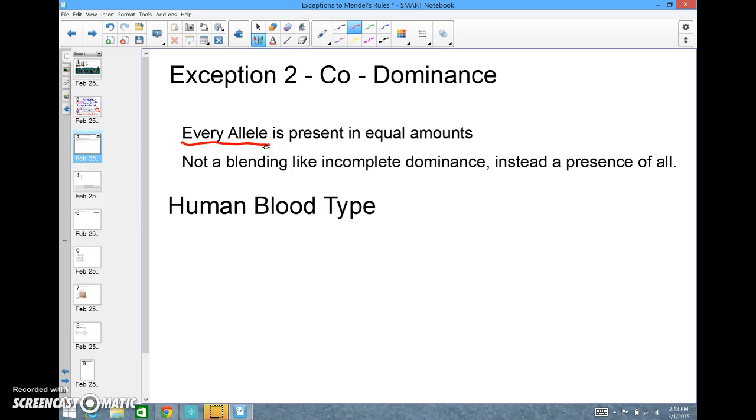So when it comes to incomplete dominance, the dominant allele is still sort of the most present. It's still the one that is sort of being altered a little bit by the recessive allele. Whereas in codominance, every allele is present in equal amounts, all right? There is no blending, okay? So it's not like incomplete dominance.